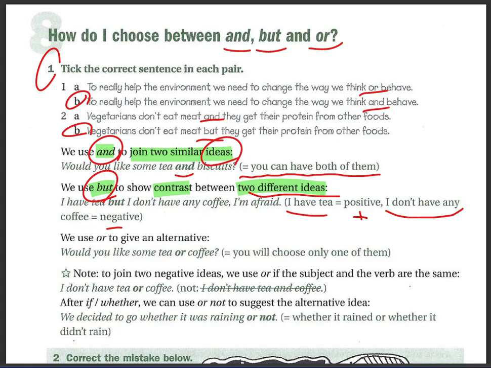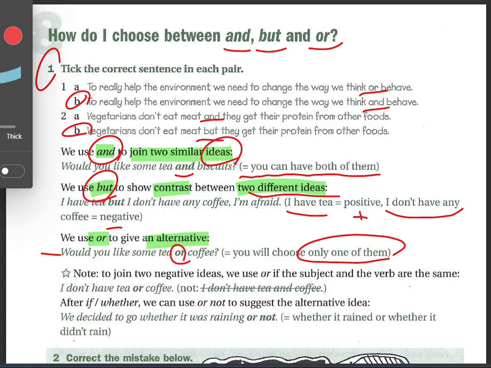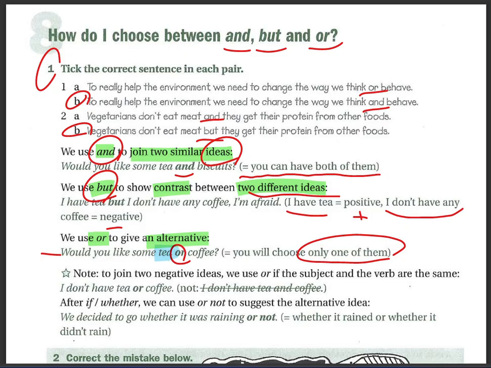We use or to give an alternative. Look at here. Would you like some tea or coffee? You will choose only one of them. So, when you want to give an alternative, we use or. When you use or in your sentence, it means you should use one of them, tea or coffee, not both of them together.